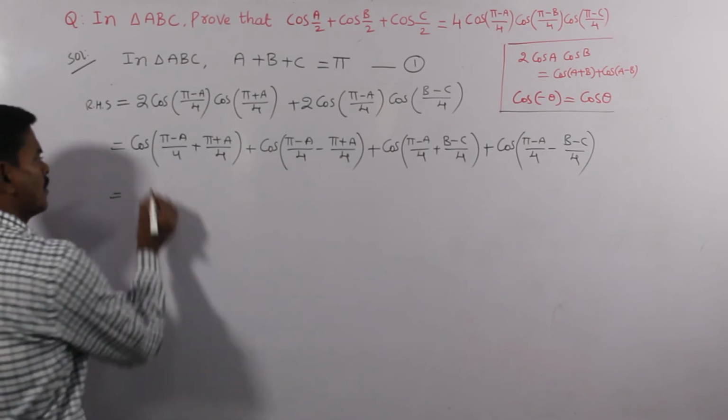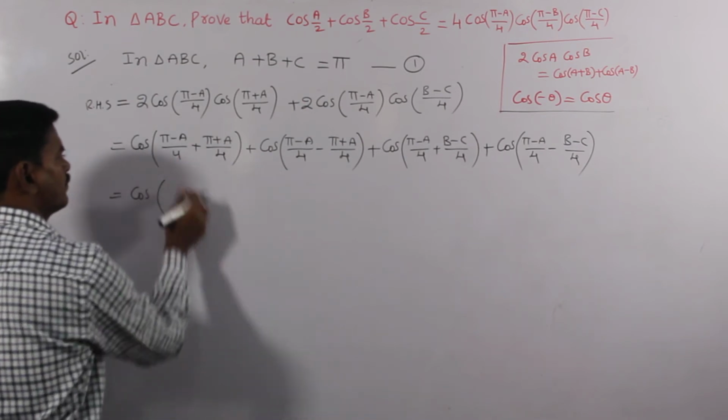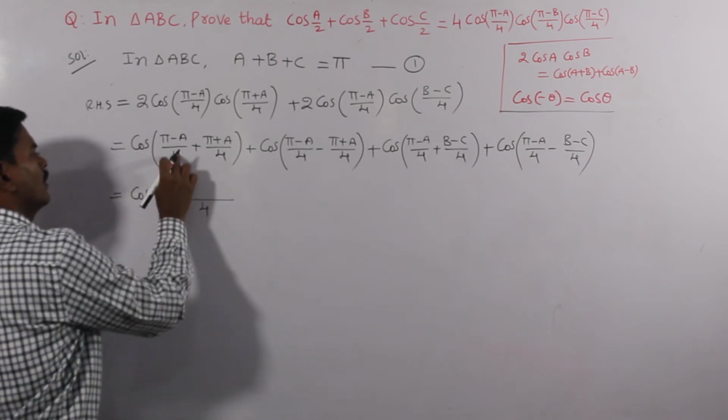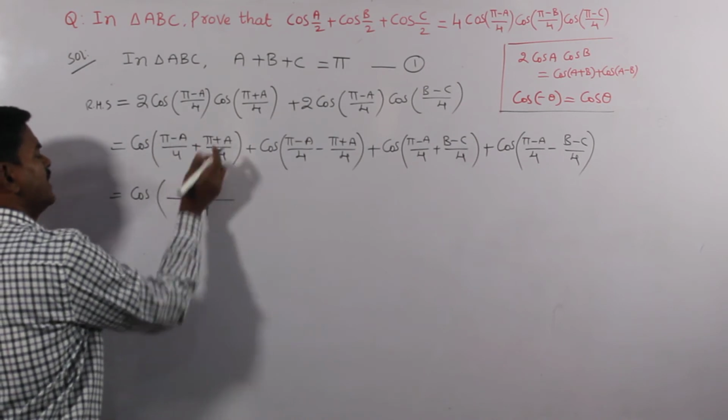Now the simplification part. LCM is 4. Denominators are the same, so numerators can be added directly.